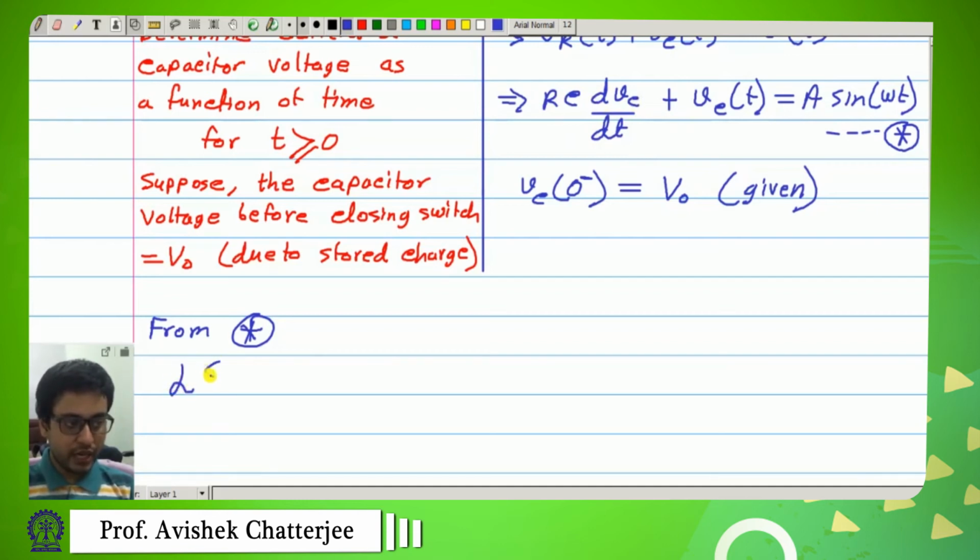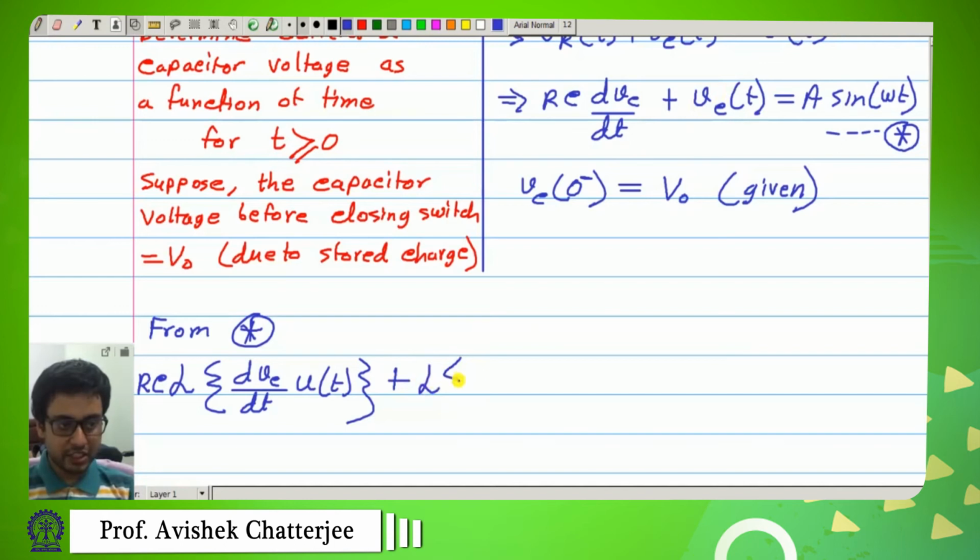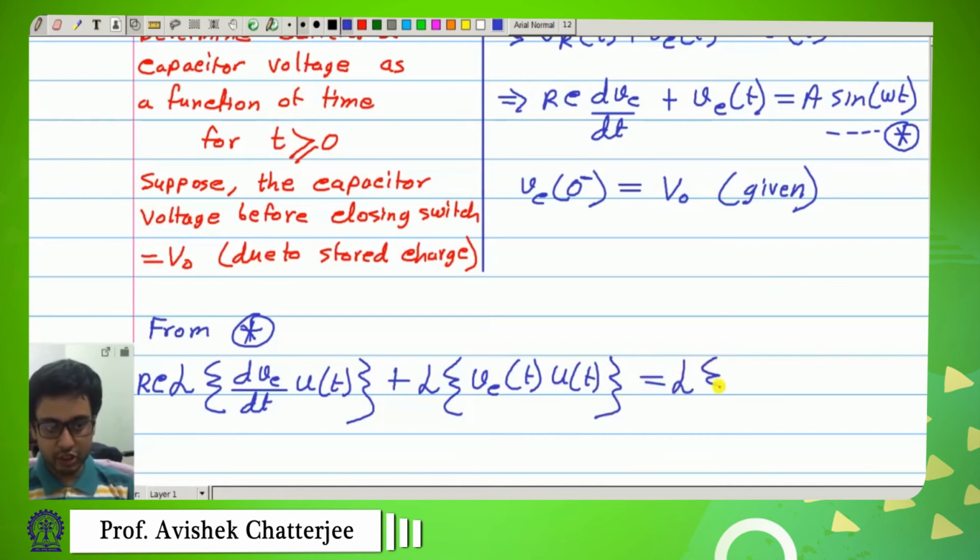So I will have the Laplace transform of this thing, RC common I will write outside, then the signal dvC/dt multiplied with unit step signal, because we are taking the unilateral Laplace transform, plus the unilateral Laplace transform of vC multiplied with u(t), and also on the right side the Laplace transform of A sin omega t multiplied with u(t).